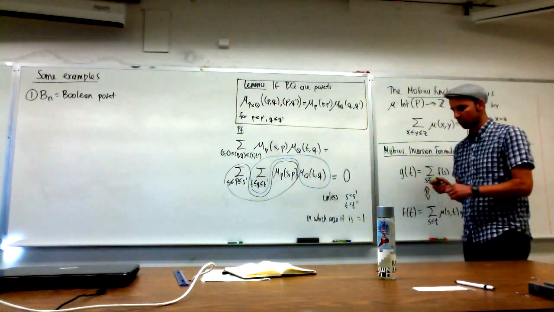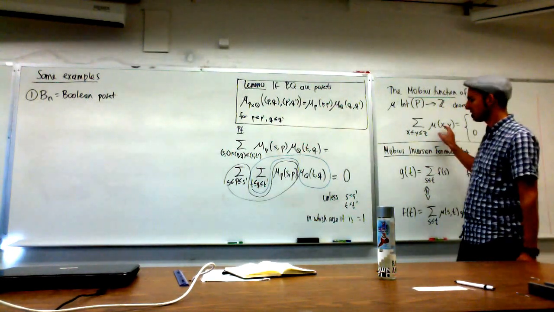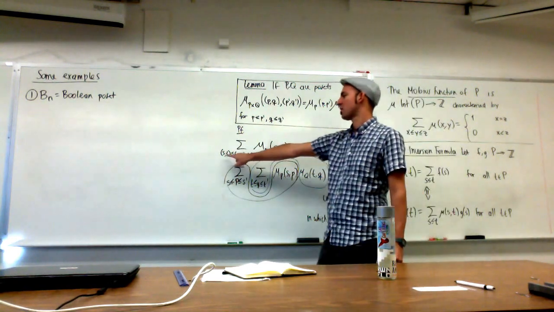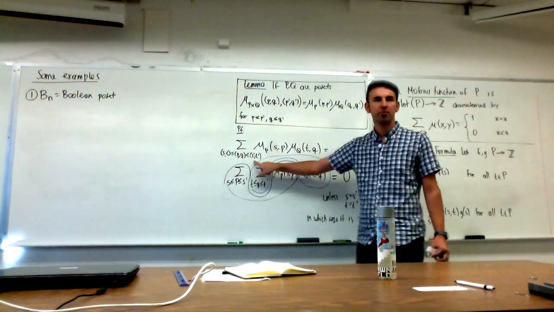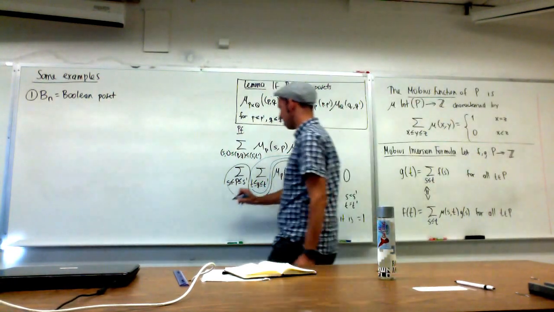Okay? And so that means that it's exactly this, right? Because S equals S prime and T equals T prime is the same as saying that S, T is equal to S prime, T prime. So this verifies this formula.